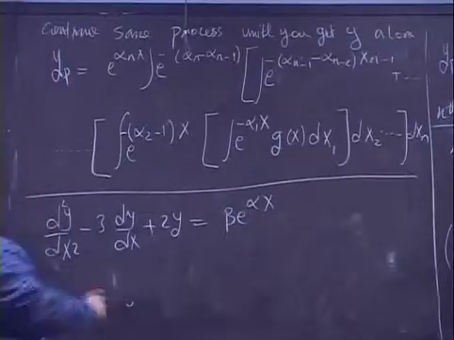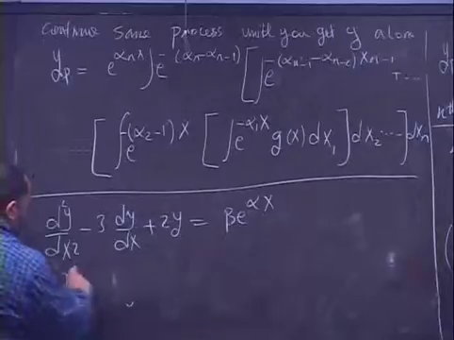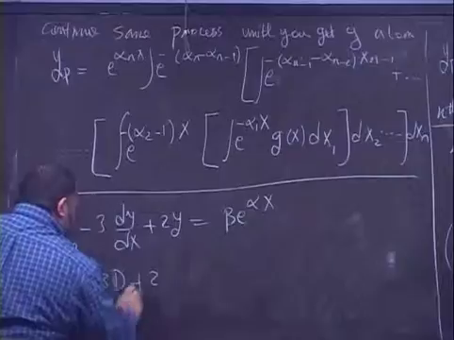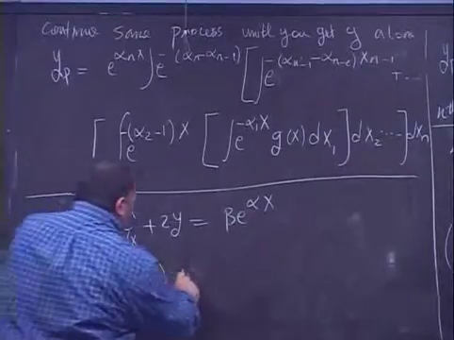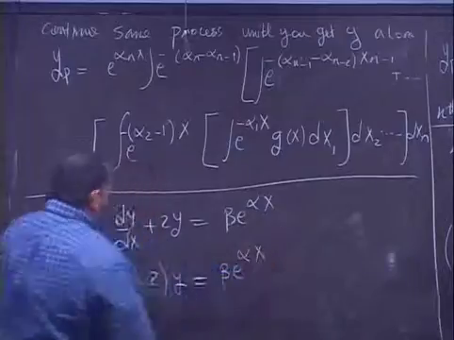So all we will do is transform this equation to an operator equation. So this will be D squared minus 3D plus 2 operated over y equal to beta e to the power of alpha x.